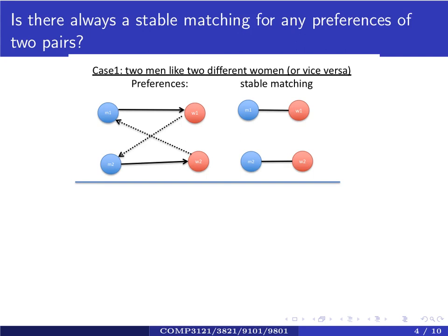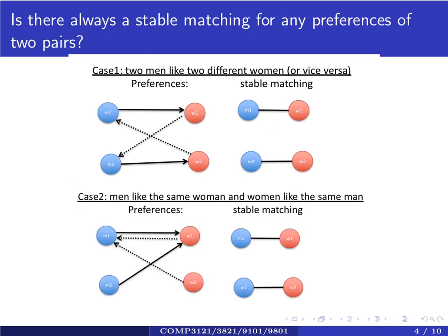In this case, it's easy to see that this is a stable matching. And the second case is if both men like the same woman and both women like the same man, it's easy to see that in this case also a stable matching exists. Just go through the conditions and verify that the matchings are stable.